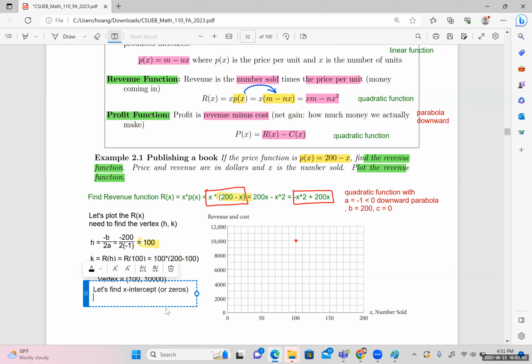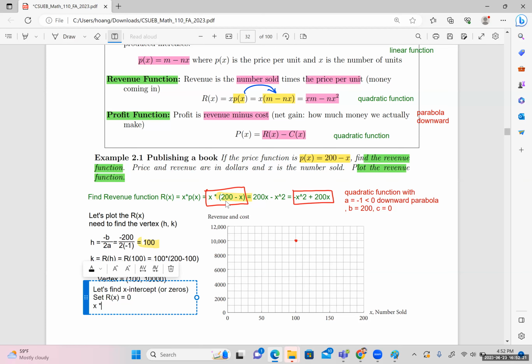So you can put the revenue function equals 0. We want to find the x-intercept. We can use the factor form here, because we found the factor form. It's going to be easier for us to solve it.